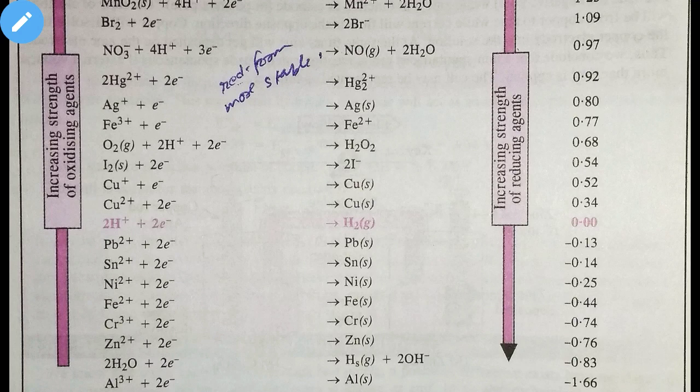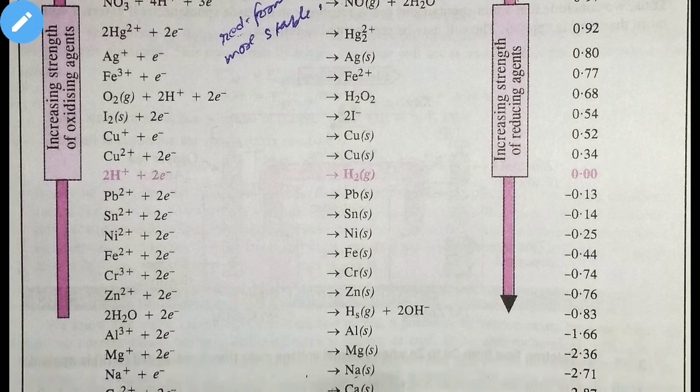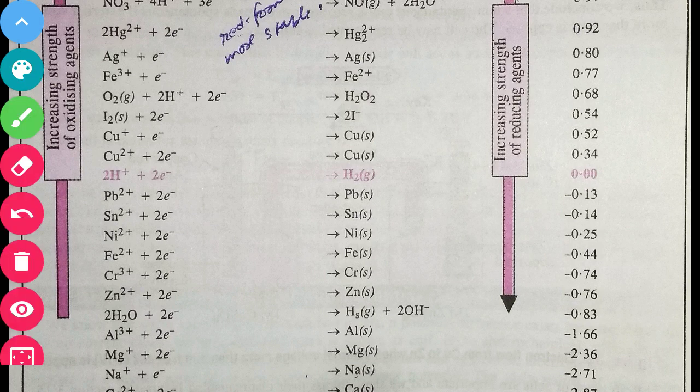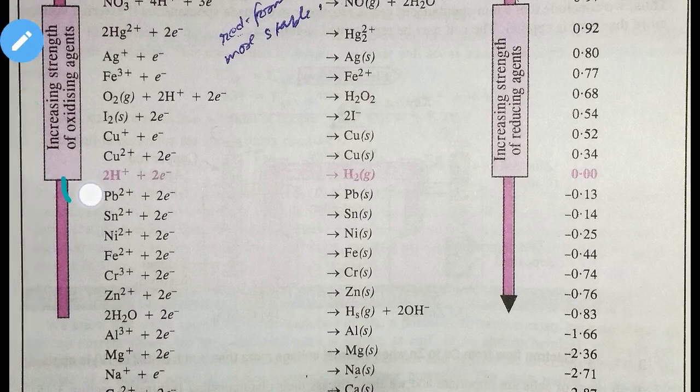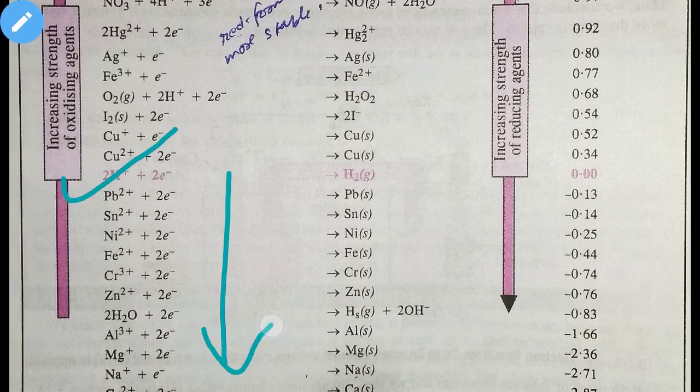Now, whatever elements you find below hydrogen in the series, this is the hydrogen, our reference point, they are very strong reducing agents.